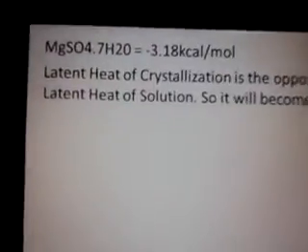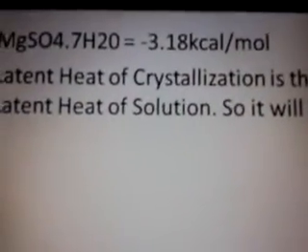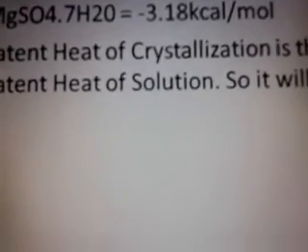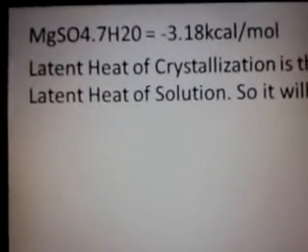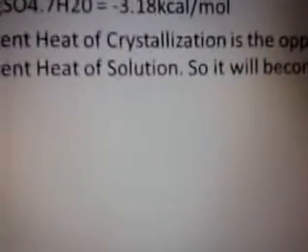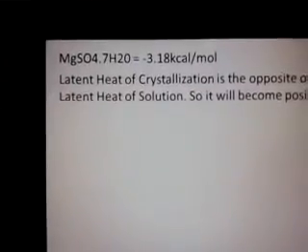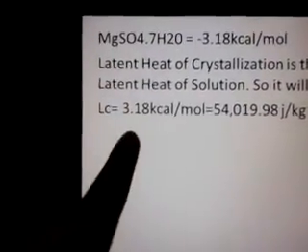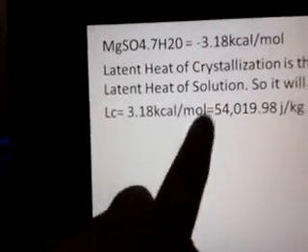Just browse this and find magnesium. Under magnesium, I get MgSO4 7H2O, and from the book the value is negative 3.18 kilocalorie per mole. The latent heat of crystallization is just the opposite of the latent heat of solution, so it will become positive. So LC is equal to positive 3.18 kilocalorie per mole.